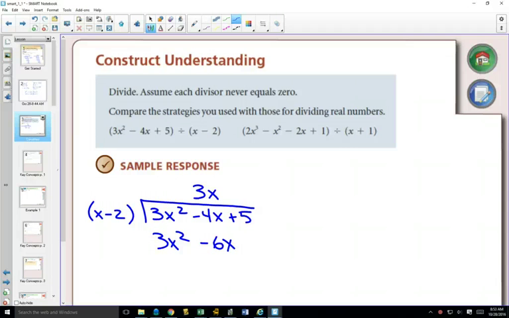So it didn't match up perfectly. But when we multiply that through, what did we do as our next step in long division? We subtracted. And if we subtract here, 3x squared minus 3x squared will be 0. You don't have to write that 0. But minus 4x minus a negative 6x will be plus 2x.